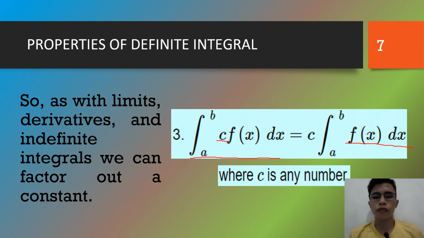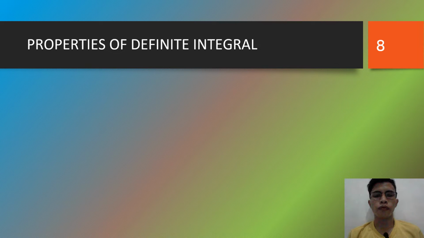Tama? So, same lang yan naman yung result kasi we're just going to multiply. Mas madali siya if ilalabas muna natin yung constant. Then, integrate. Then, multiply. So, that is property number 3.